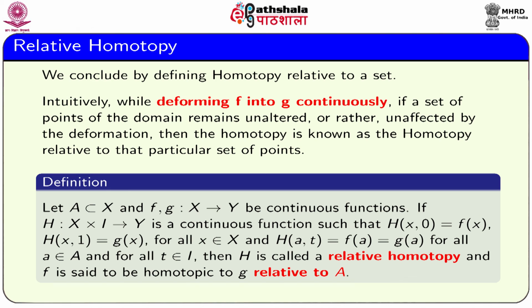If in particular we choose A as an empty set, then the definition of relative homotopy reduces to that of a homotopy, because there is no point in A and therefore there is nothing to satisfy the last condition.